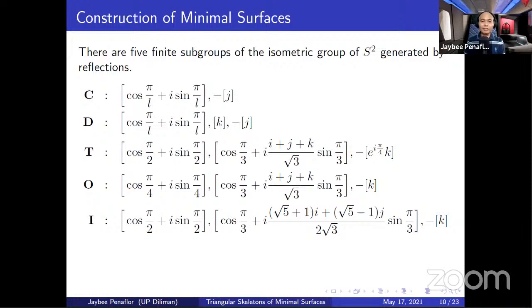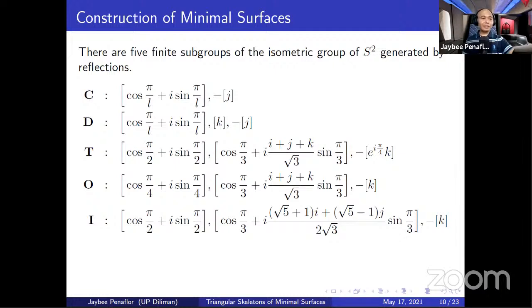Now, I'd like you to look at these groups and notice that they have rotations as the generators of these reflection groups. For instance, if you look at D, notice that all 3 generators of this group are in SO3. That means that they're orientation preserving and isometric.